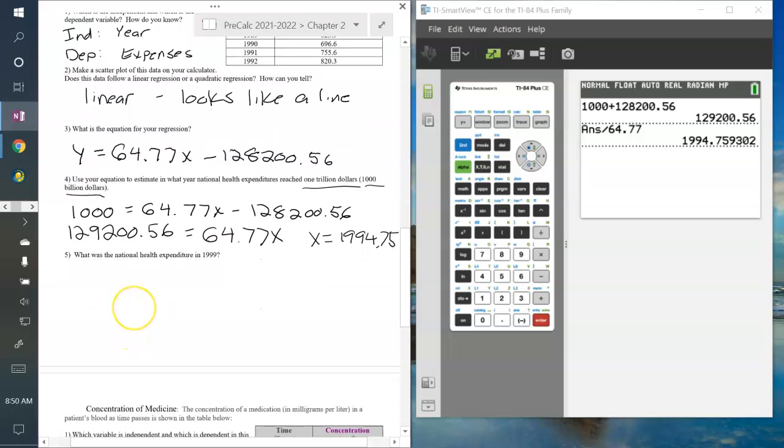All right, the next thing is, what was the national health expenditure in 1999? So now use the same equation, 64.77x minus 128,200.56. Plug in 1999 for your x.